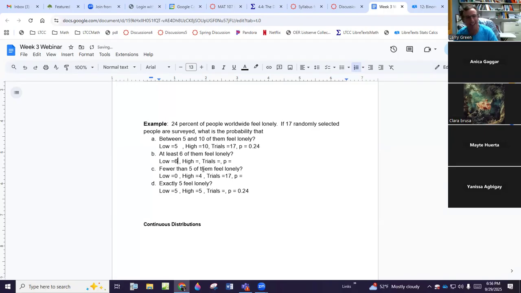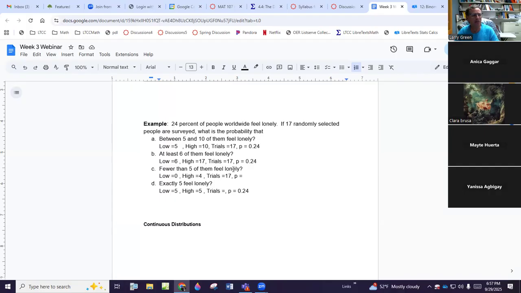Yeah, six. What's the high if it's at least six? Yeah, 17. At least six means anything bigger than six works, and you're asking 17 people. Trials are still 17. P is still 0.24. I'm not going to put it in the calculator because I don't want to waste time anymore.